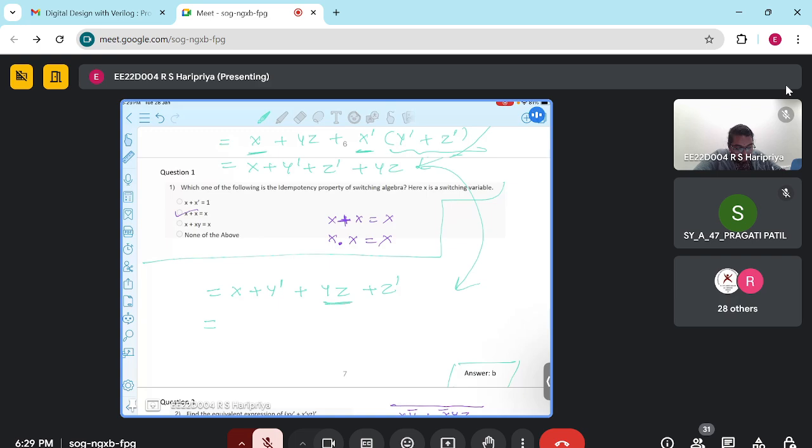From this, now you have to apply absorption to this y z plus y complement, if you apply. Or you can apply with anything.